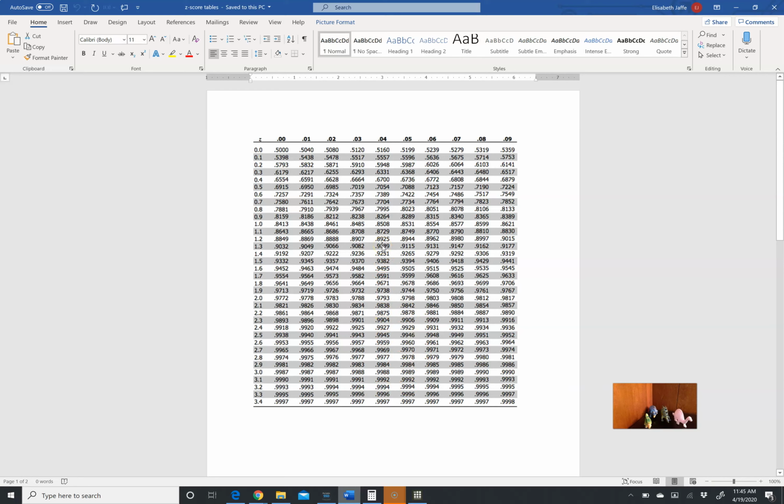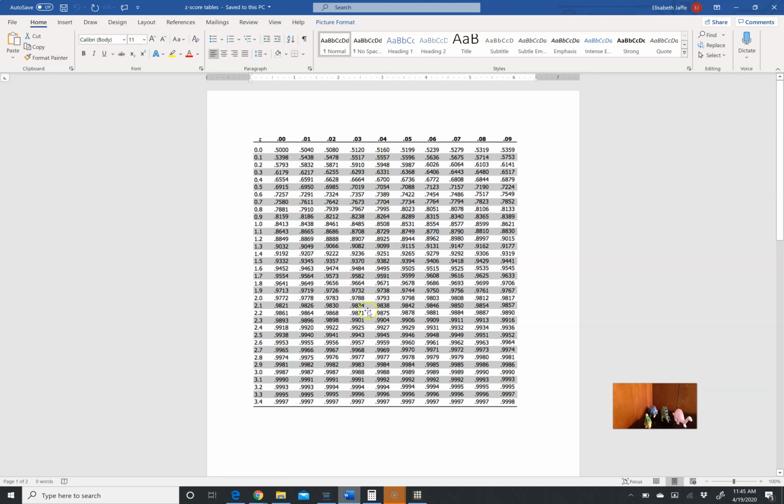So if we look for 0.8925, it's right here. I'm sorry, I can't highlight it. Don't know why. And again, we're just going to look at the z-score. So you have to go to the row first, because that gives you the larger number, the ones place and the tenths place. So we get 1.2, and then we have to go up and get the hundredths place.